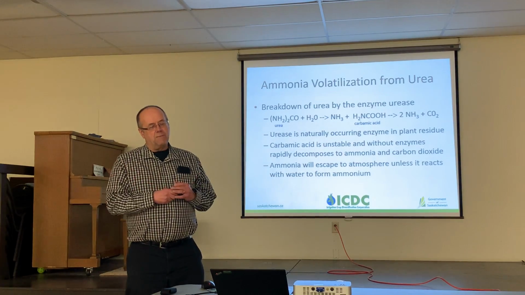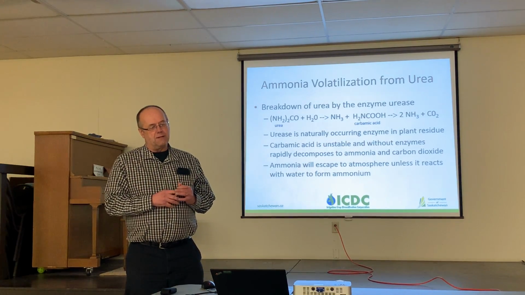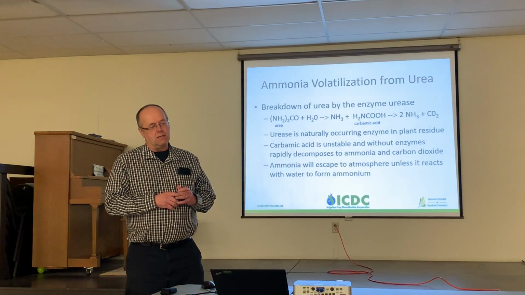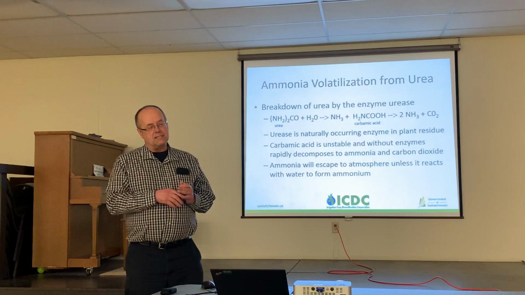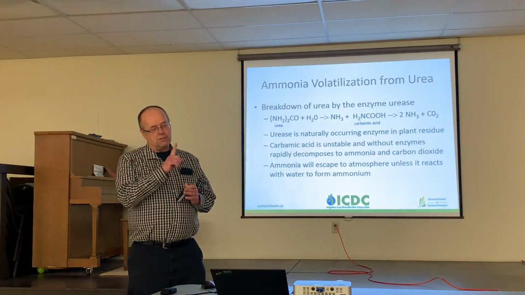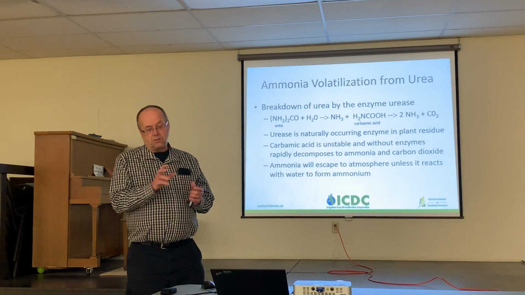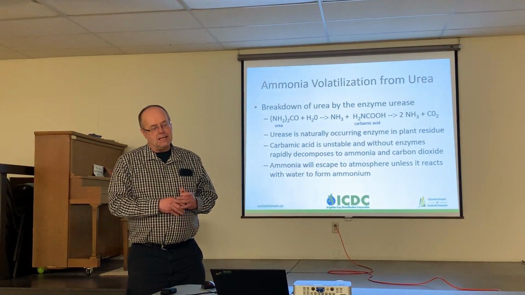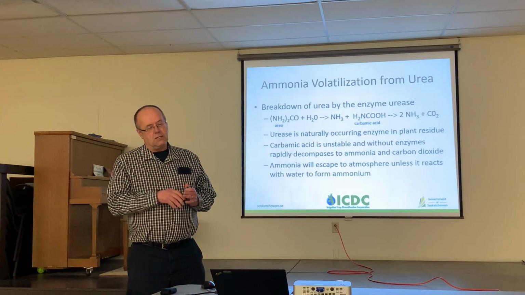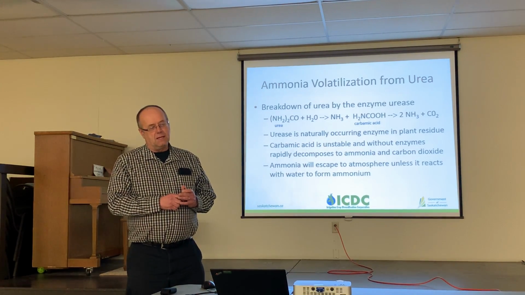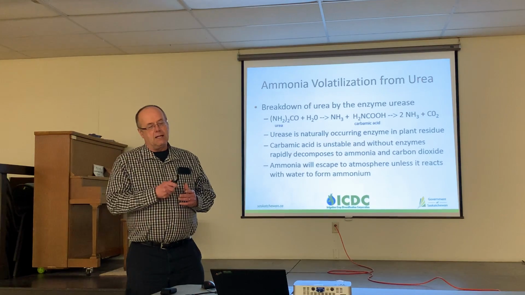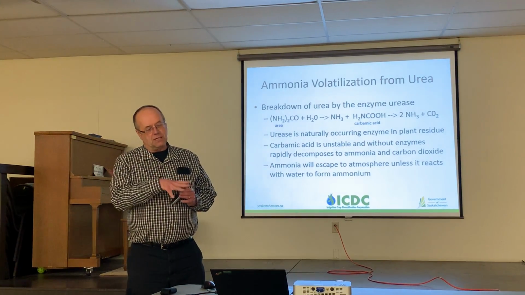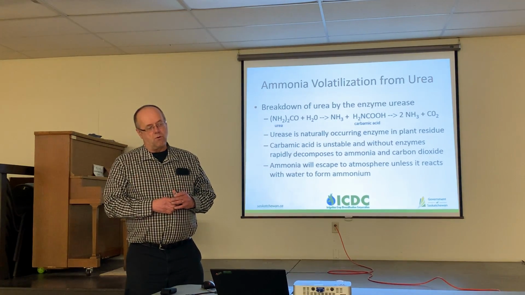I want to talk a little bit about ammonia volatilization from urea. What happens when urea is broken down by the urease enzyme? Well, you're converting urea, which is not available to the crop in that form, to ammonia and carbamic acid, which continues to be converted to more ammonia.